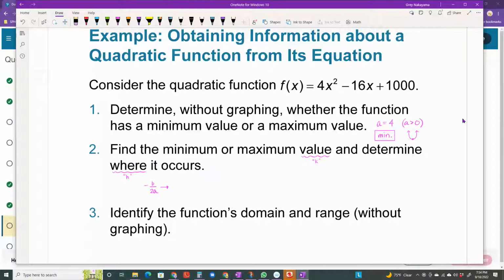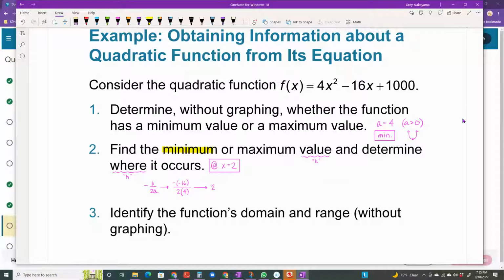Negative b over 2a. And in this particular function, negative b is going to look like that over 2a, and that simplifies to 2. Okay, so where does the max or min? Well, we already determined it was the min. Okay, we answered that from part 1. So where does the minimum occur? At x equal to 2.